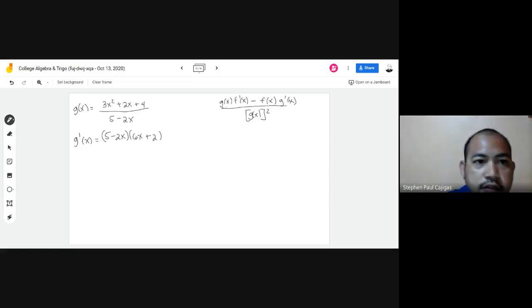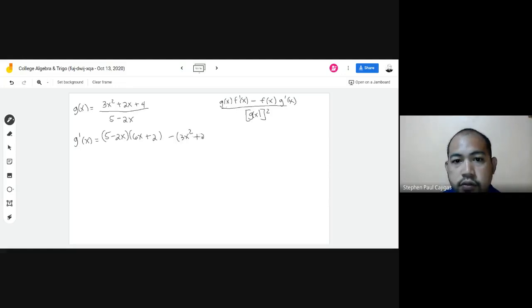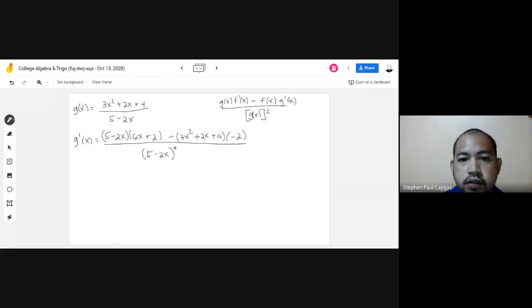Asya ba yung surat landong? Yes. Tapos minus 3x squared plus 2x plus 4 times negative 2 all over 5 minus 2x squared.